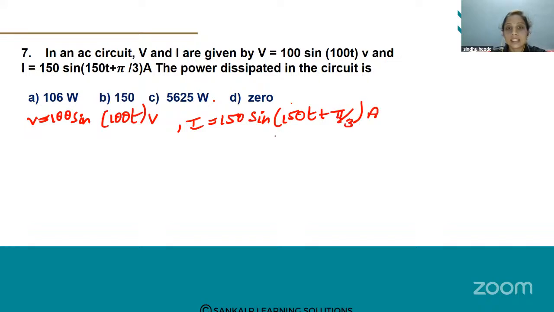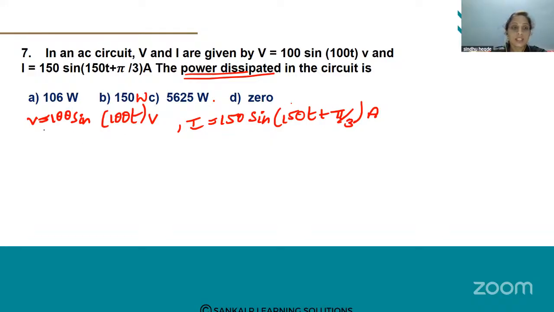The power dissipated in the circuit. Here they ask the question related to power dissipation. Options are 106 watt, 150 watt, 5,625 watts and 0. Okay, you should substitute the formula and calculate. Later compare these options and whichever is correct, tick that.